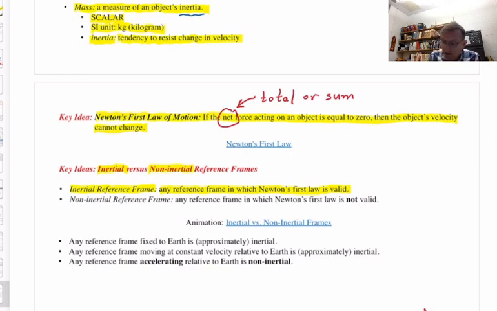Conversely, if we find a reference frame in which Newton's first law is not true, we call that reference frame non-inertial. And yes, there can be reference frames where Newton's first law isn't true. And Newton knew this. He recognized that this could be the case. Let me show you with an animation.